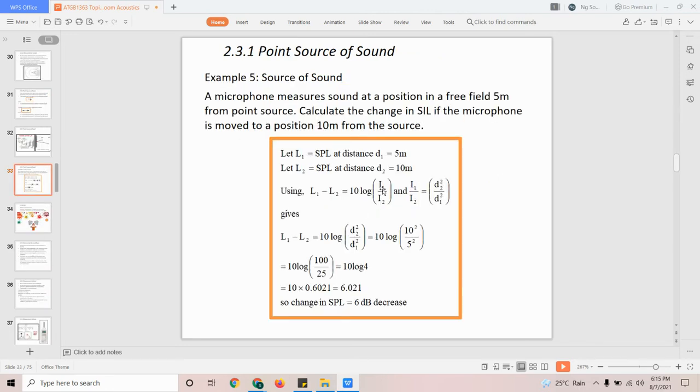Okay, so this is the same formula, but for this example you just subtract to find out the difference. So you have this and this.